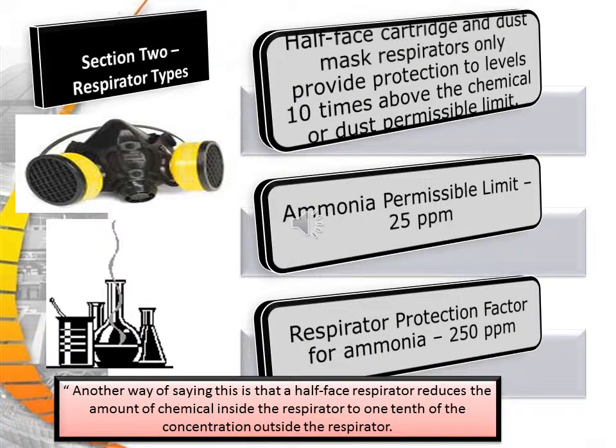Half-face cartridges and dust mask respirators only provide protection to levels 10 times above the chemical or dust permissible limit. The ammonia permissible limit is 25 parts per million. The respirator protection limit for ammonia is 250 ppm.